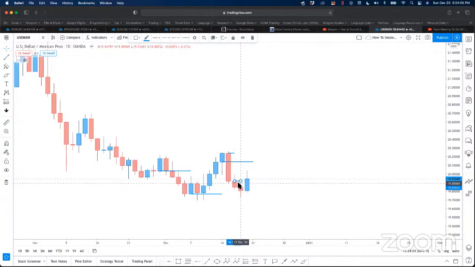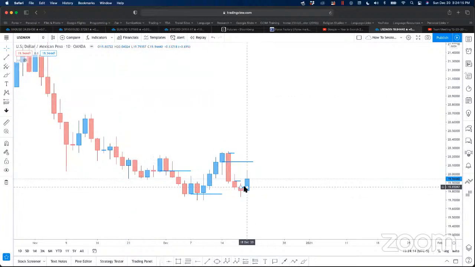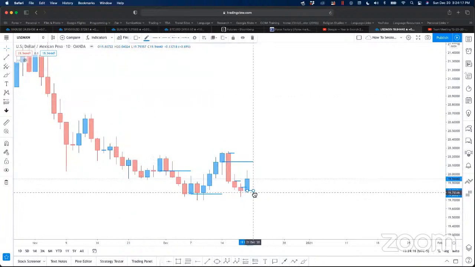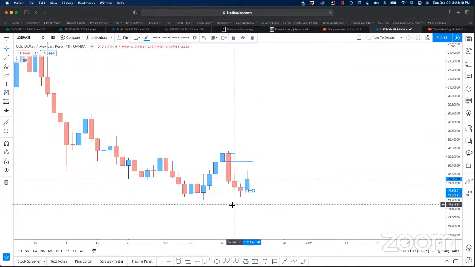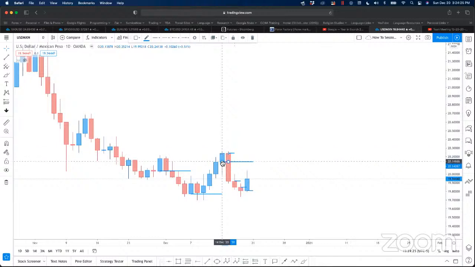This is where it opened for this day. This is where it opened for this day. And this is where it opened for this day. And let's grab this last one. Open was here that day.